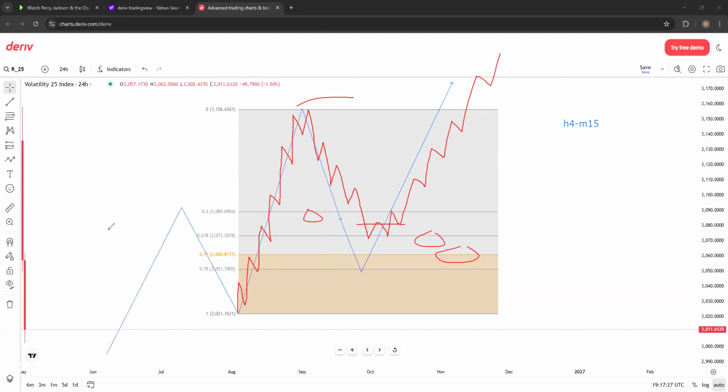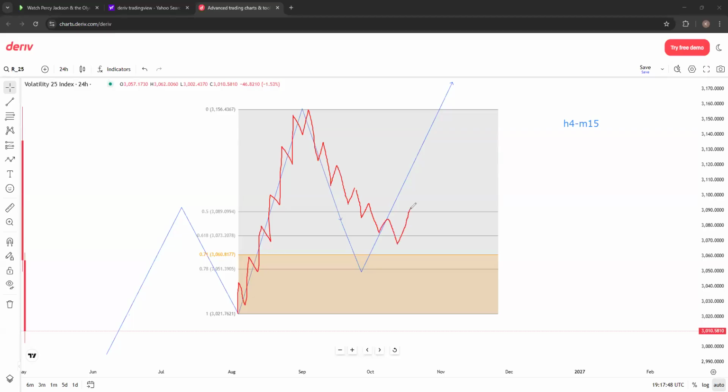What's important now is for us to wait for a break of structure. So we can get a break of structure at the 0.5 and then go up, or sometimes when price reaches the 0.618, or on the 0.71 and then it goes up. So what's important is to wait for a break of structure.